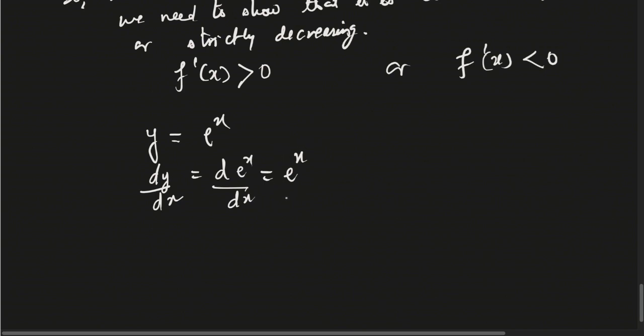It cannot be negative for any value of x. This means that dy by dx will always be greater than 0. That is, f dash x is always greater than 0. Thus, this function y equals e to the power x is a 1-1 function.